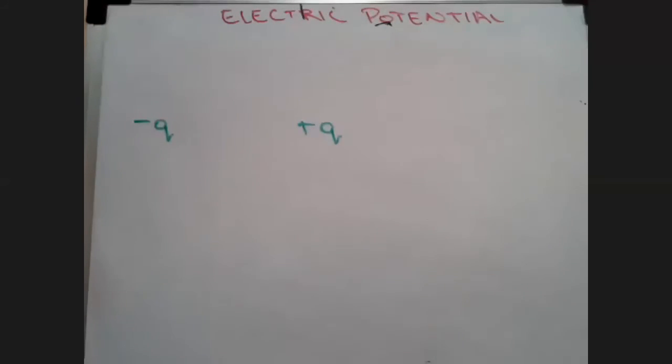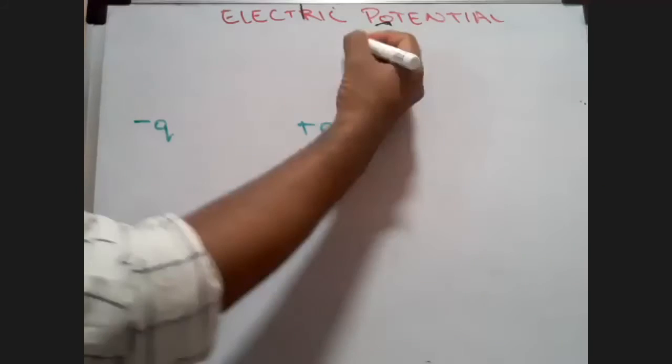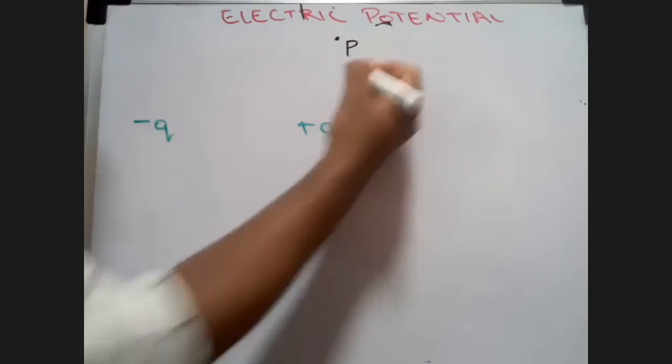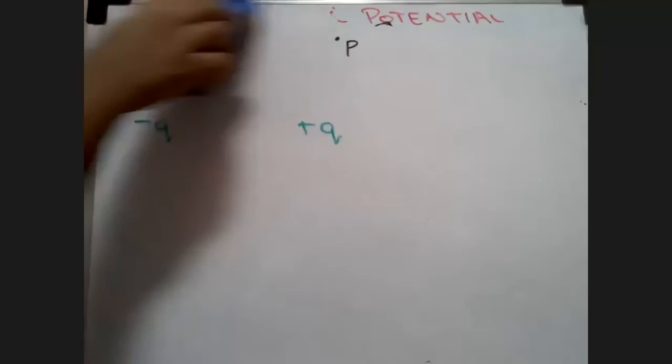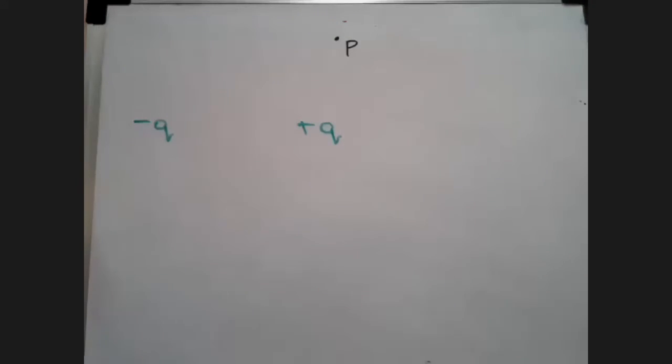The concept of potential energy, kinetic energy, everything. So if there is minus q and plus q here, and I want to find out the potential at this point P, how will I go ahead with it?